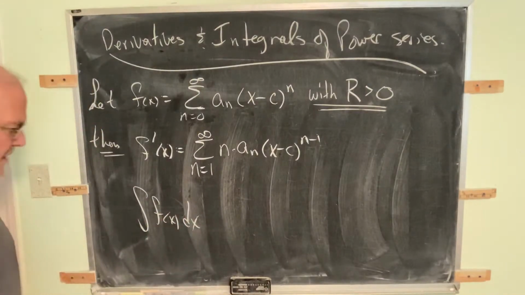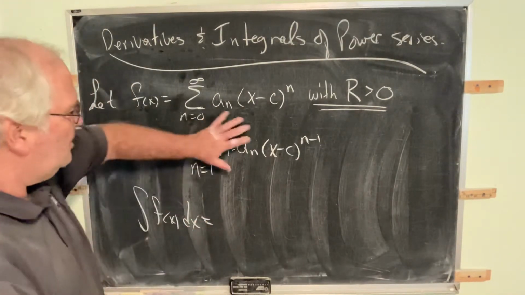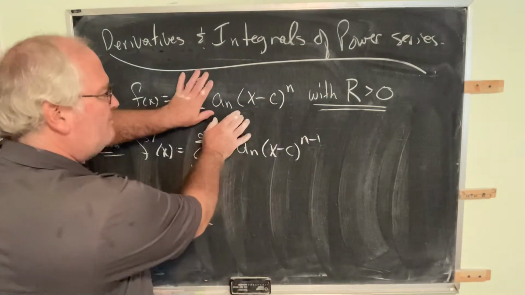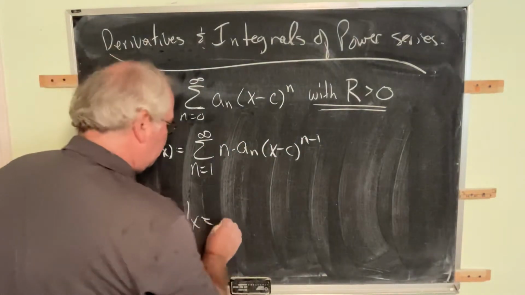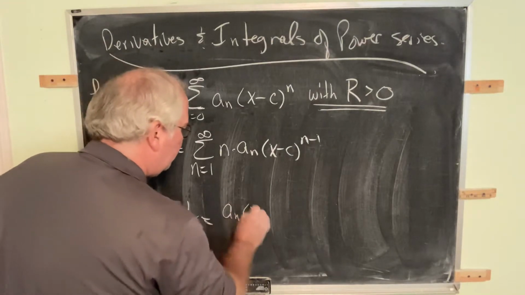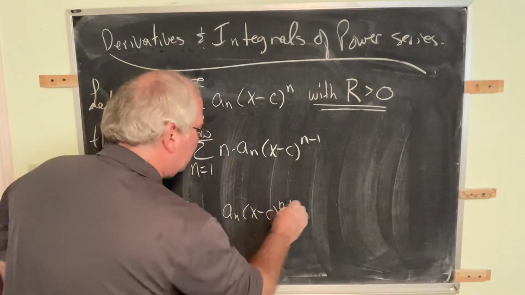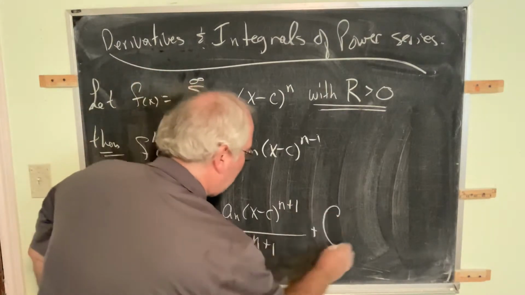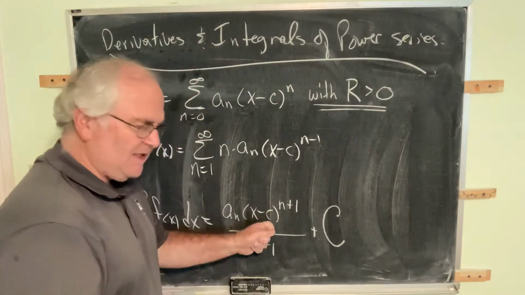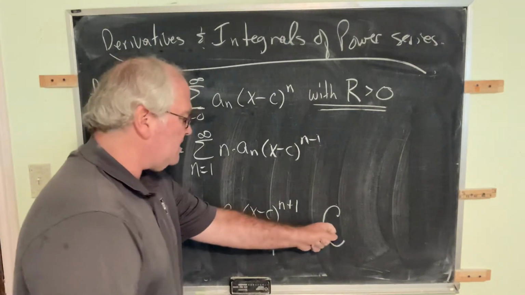The antiderivative is, go back to the original, the power rule. Add 1 to the exponent, divide by the exponent you just created. This is a sub n, (x minus c) to the n plus 1, divided by n plus 1, plus a constant of integration. This c is not the same as that c. This is a capital C, the constant of integration.